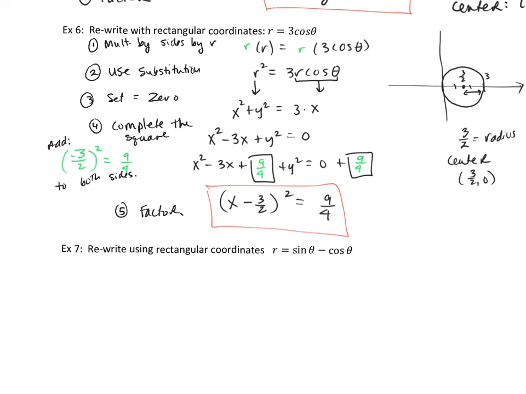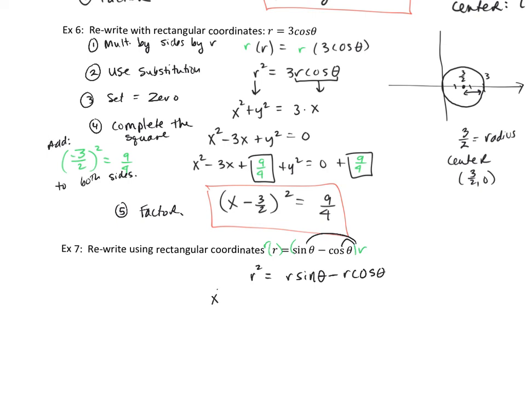Now let's see what we can come up with on this next one. If I use that same strategy, just multiply both sides by r, let's see what we come up with. So I'd have r squared. I'm going to distribute my r to both the r sine theta and also to the cosine, so r cosine theta.